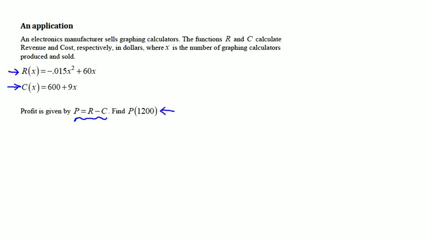We can do this in one of two ways. Both of these ways will work. One way is to find P of x by subtracting the polynomials. If we find P of x by subtracting the polynomials, then we will have a function into which we can plug 1200 as an input.